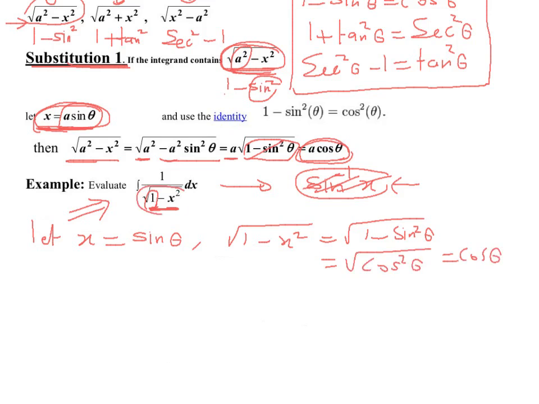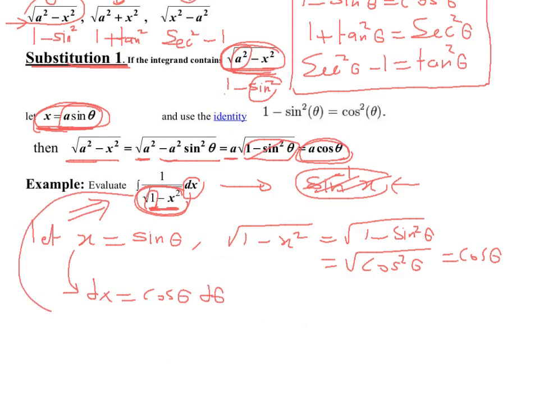So this root will become cosine theta. But since we have changed x into theta under the root, we must change also dx. From x, dx is equal to cosine theta d theta.